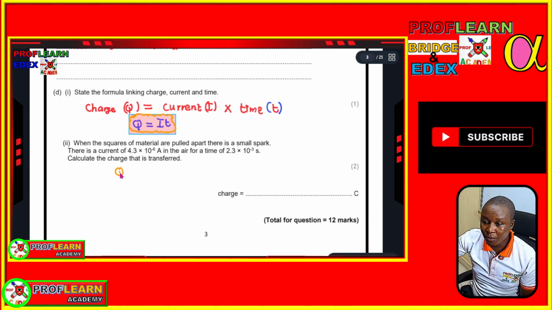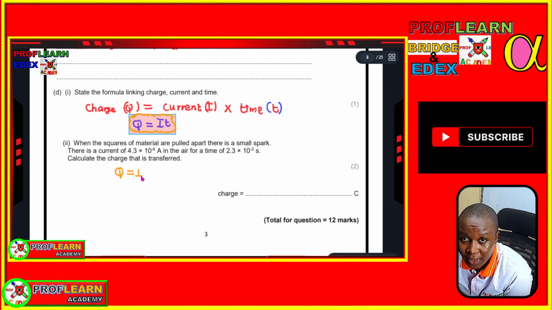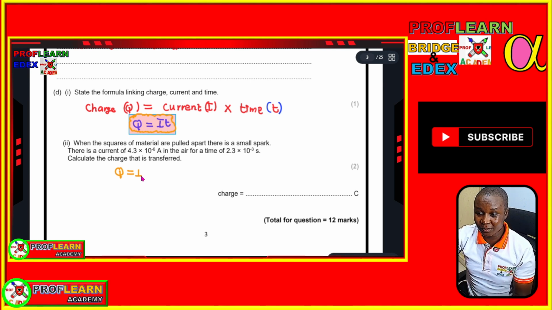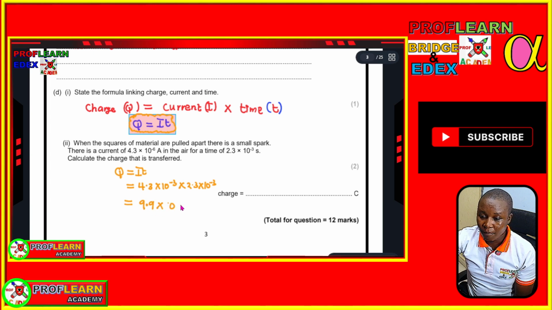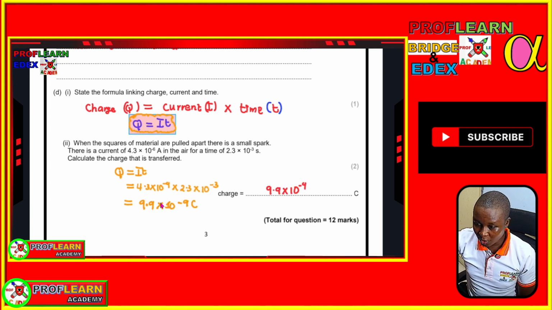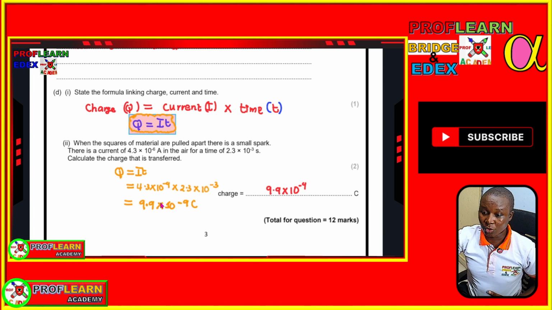We need to remember that charge is basically current times time. What you need to remember at that given point is that charge is calculated in coulombs, current should be in amperes, and time must be in seconds. That is the most important part to remember. So a question on charge can be asked. Also charging materials, how materials are being charged, can be asked. So you need to prepare for such kind of questions.